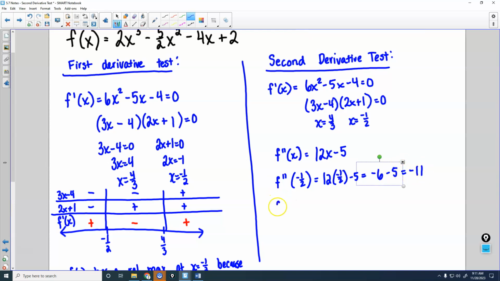And we're also going to test 4/3. And we will get 12 times 4/3 minus 5, which is over 1. We could cancel, make that a 4. So 16 minus 5, which equals positive 11.